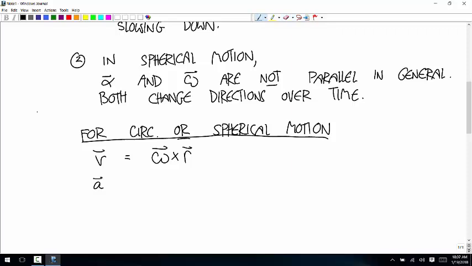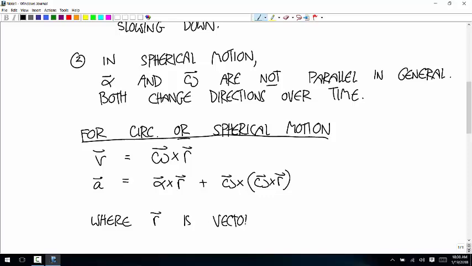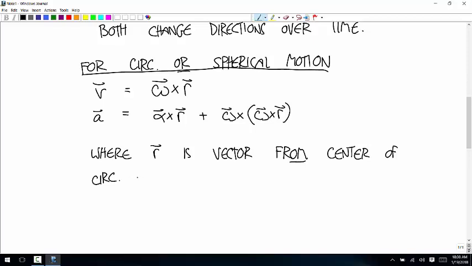And the acceleration of a particle in circular or spherical motion is equal to alpha cross r plus omega crossed with the quantity omega cross r, where r is a vector from the center of the circular or spherical motion to the particle.